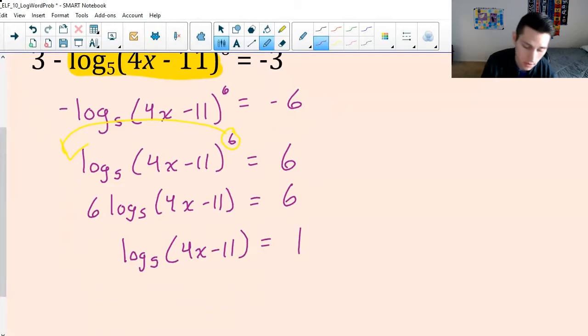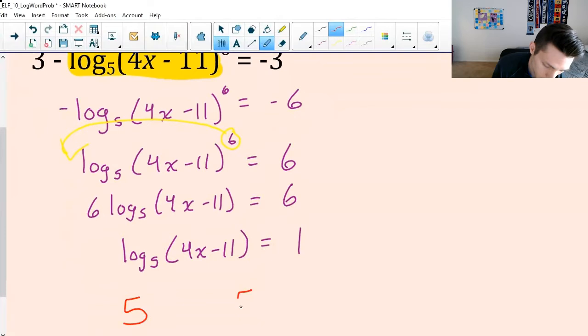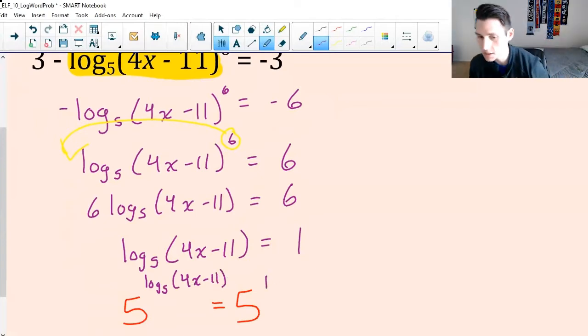Now, what do I do with this logarithm base 5? Well, I get rid of it by using its inverse, which would be an exponential base 5. So I'm going to create a base 5 on both sides. And everything that was originally in the equation gets shifted up into an exponent.